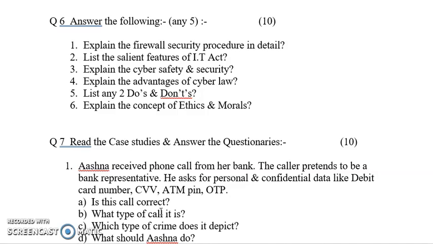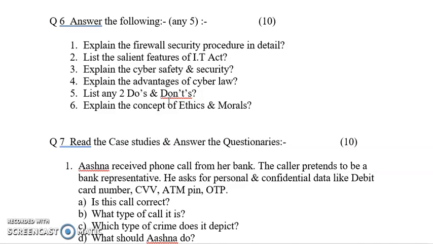Okay, so this is a network which is basically blocking any type of unauthorized access. So firewall is nothing but it is a security device which is kept in the network traffic, and it blocks all the unauthorized accesses.